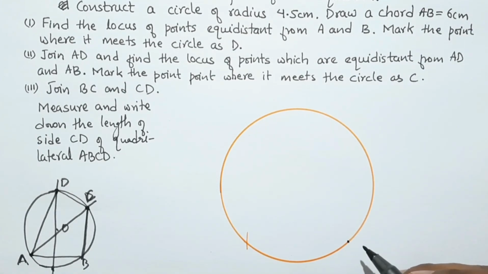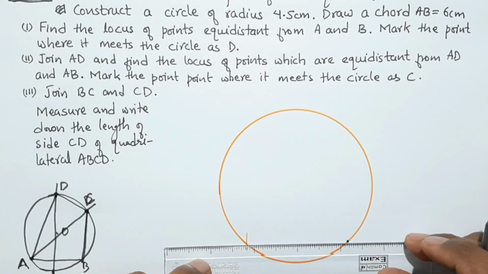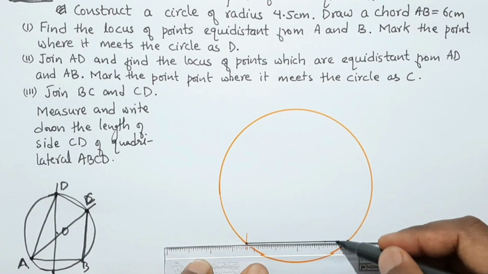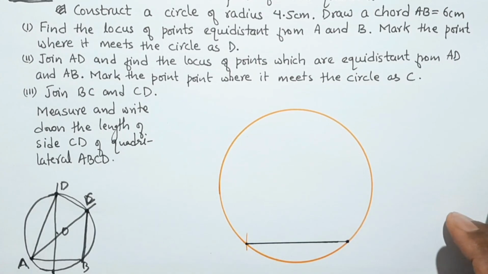So we can join these 2 points. So this is our chord AB, 6 centimeter. Or you can directly use the scale to draw this chord.